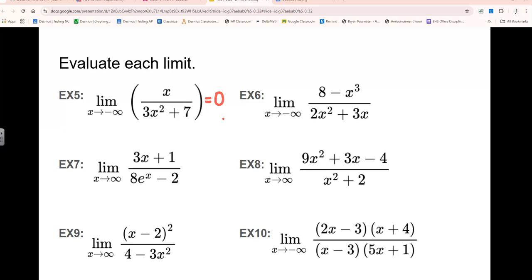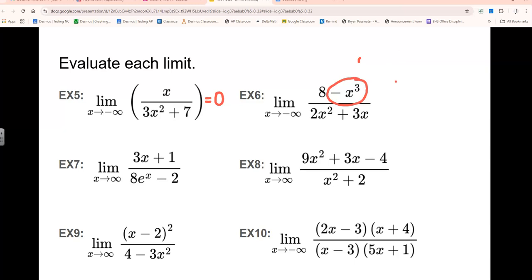Technically, it's not right to plug in infinities. But if we did, what's the only thing that really matters right here? It's that highest exponent, and it's in the top. We know we're going to get infinity or negative infinity because we have the higher exponent in the numerator. This is really the only thing that matters once our numbers get really big.